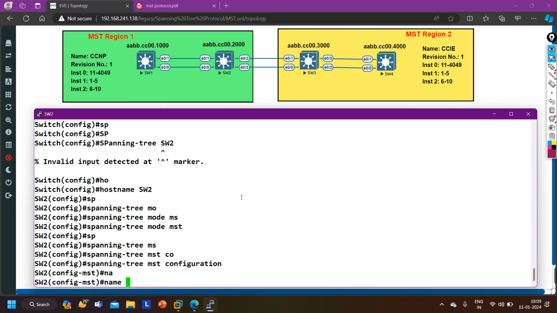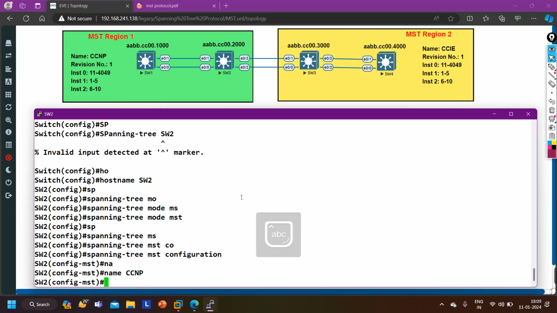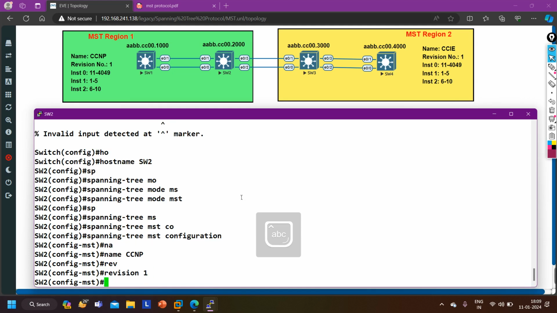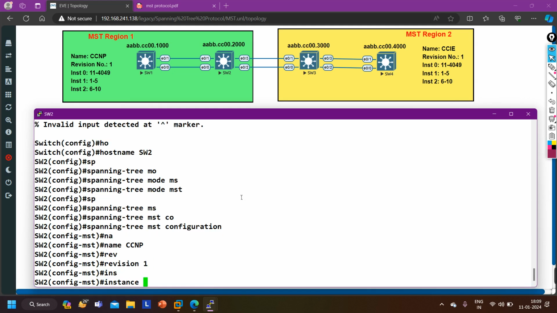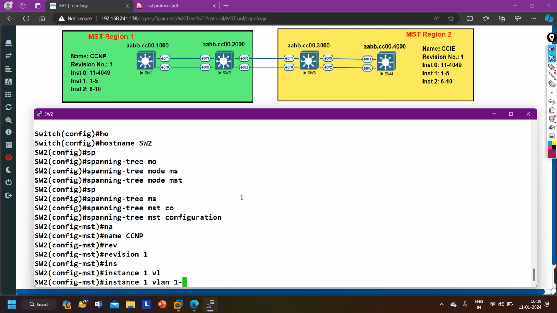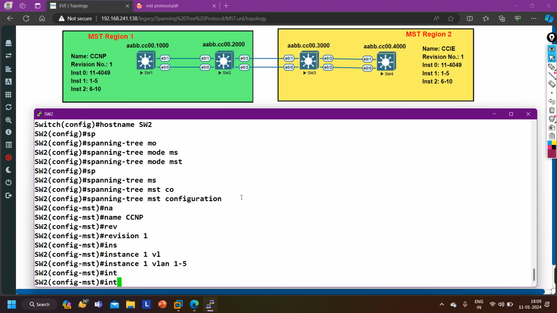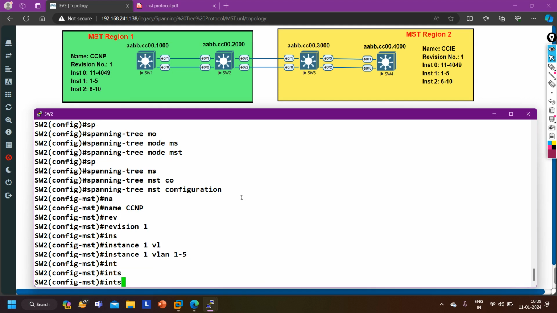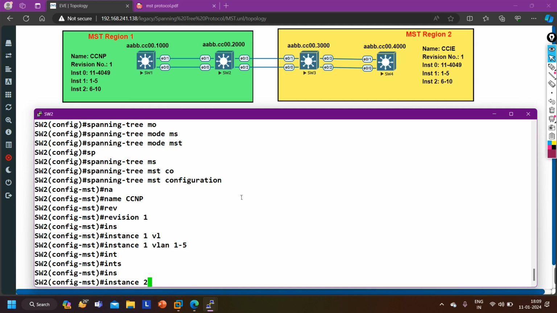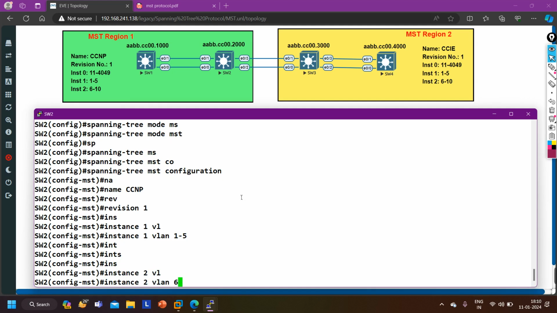Here I am going to set the name ccnp, the same name. Then revision number 1, and then in instance 1, we are going to map VLAN 1 to 5 over here, and in instance 2, we are going to map VLAN 6 to 10 over here.